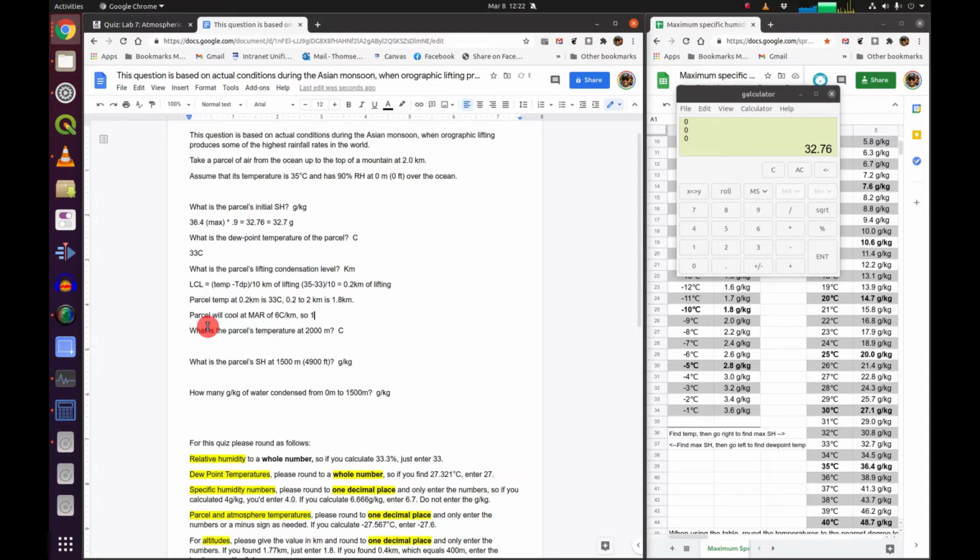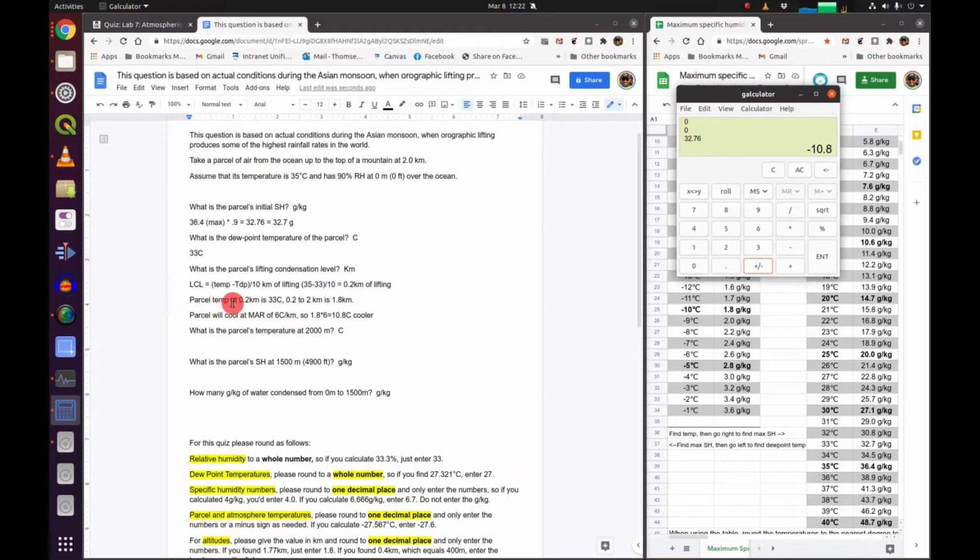So we've got 1.8 kilometers times 6 degrees per kilometer. We're cooling at 6 degrees per kilometer. So that's 10.8 C cooler. Our dew point temperature was 33, so it was 33 degrees Celsius at the surface.